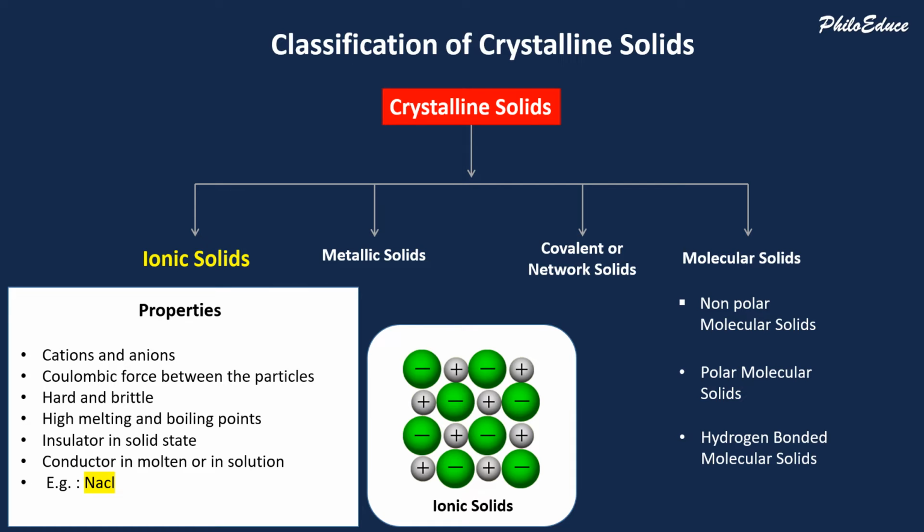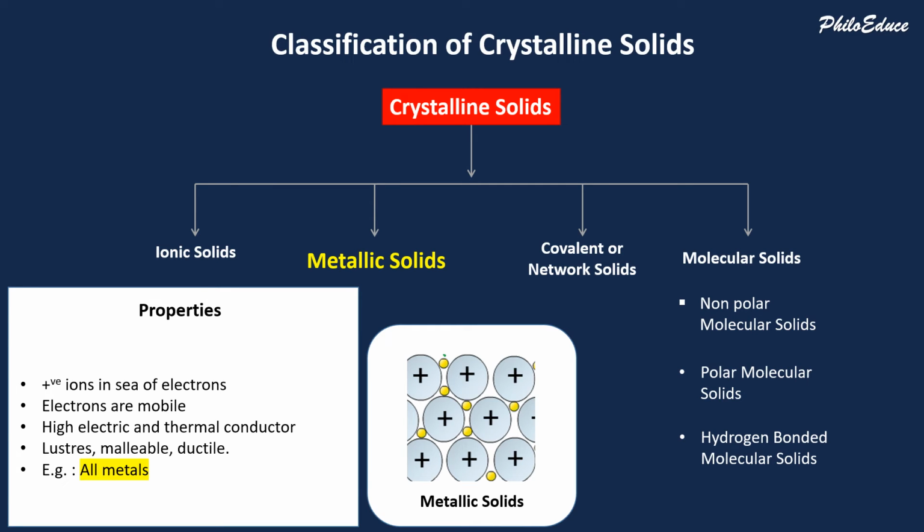These solids are normally hard and brittle and show high melting and boiling points. Normally they are insulators of heat and electricity in their solid state, but they conduct electricity in molten or solution state. This conducting nature when melted is a very important characteristic property.